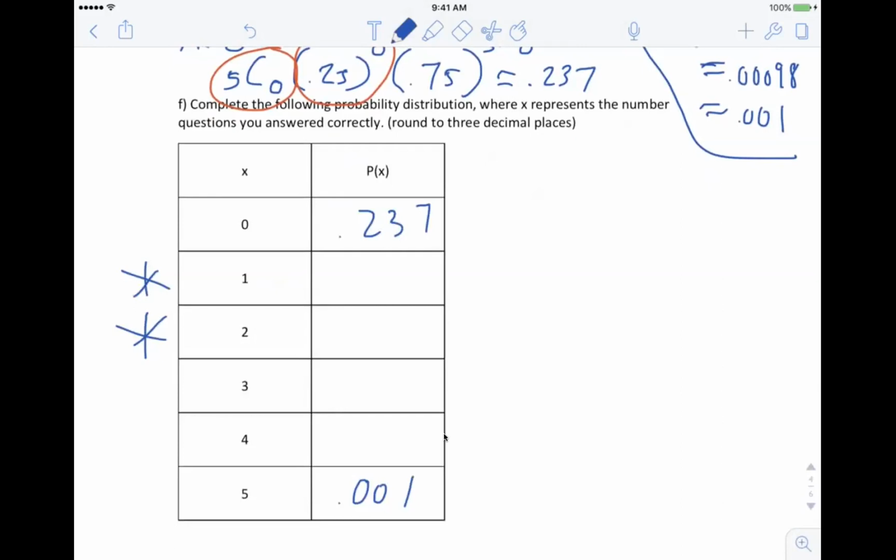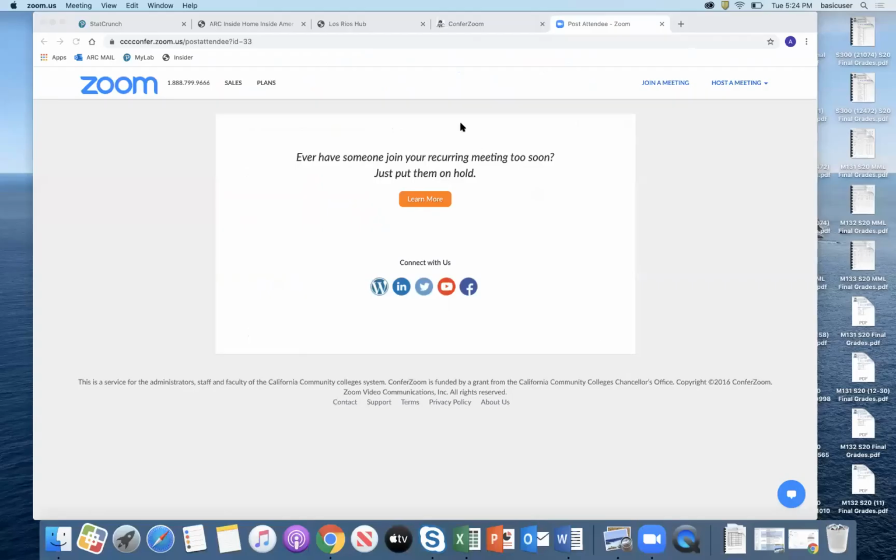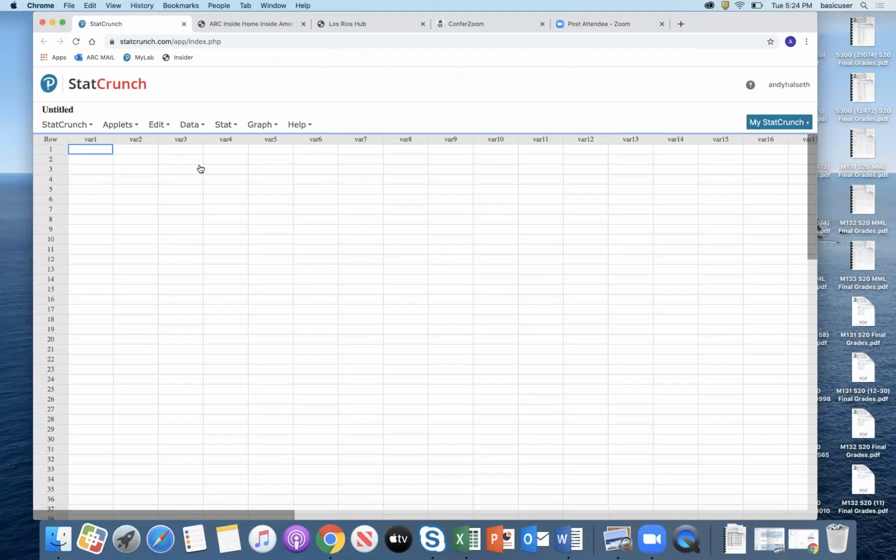What I'm going to do now is show you StatCrunch. We're going to complete this table by using StatCrunch, which will be a little faster and another approach that you could use. So let me show you how that works. I'm going to go to StatCrunch. Okay, there's my blank StatCrunch page.